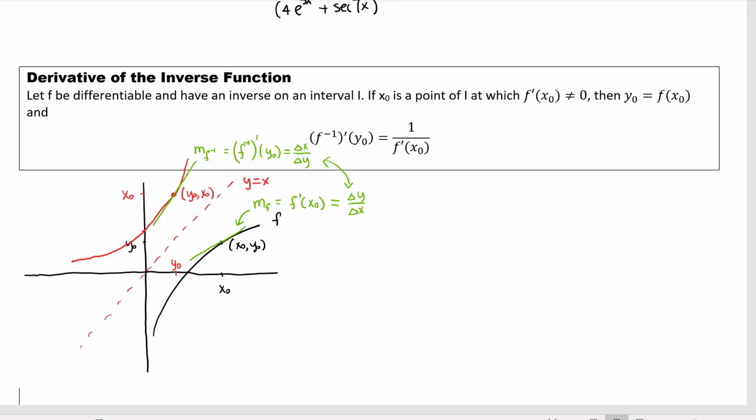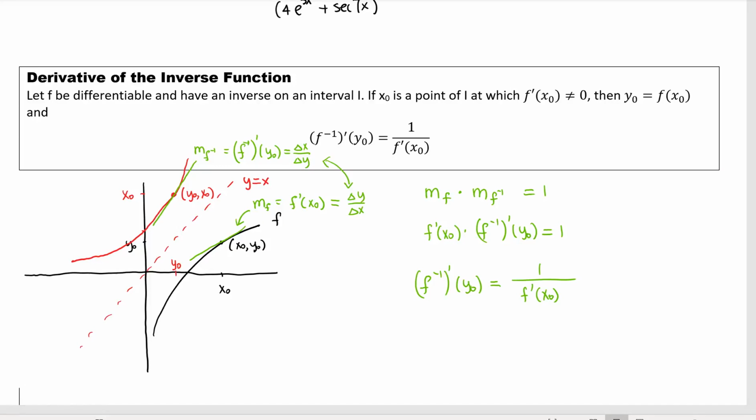So the slope of f at the point (x0, y0) times the slope of the inverse function is 1. That is why f prime at x0 times the inverse function's derivative at y0 equals 1, so the derivative of the inverse function evaluated at y0 equals 1 over f prime at x0.